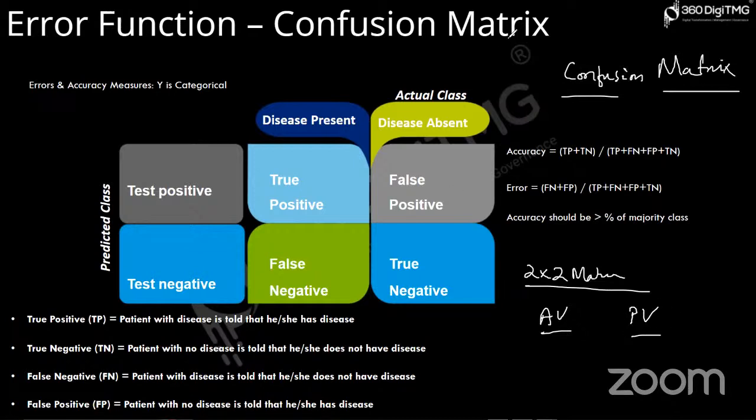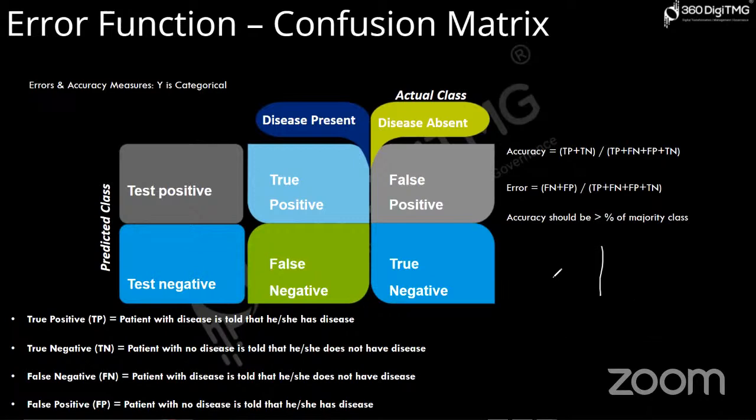From here we can find various metrics, so let us discuss them one by one. This is the 2 into 2 matrix in which we have actual value and predicted value. This is actual value when it is true, this is actual value when it is false, this is predicted value true, predicted value false.